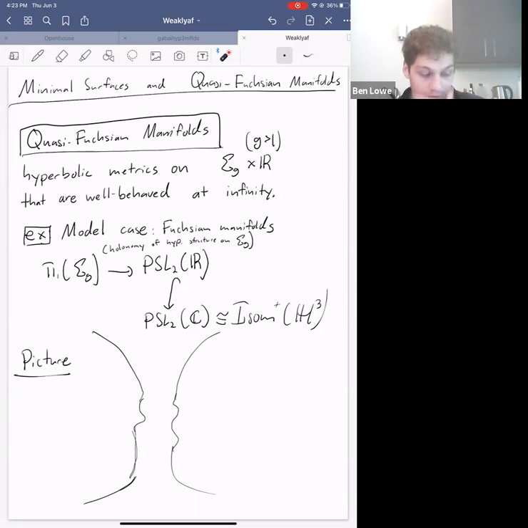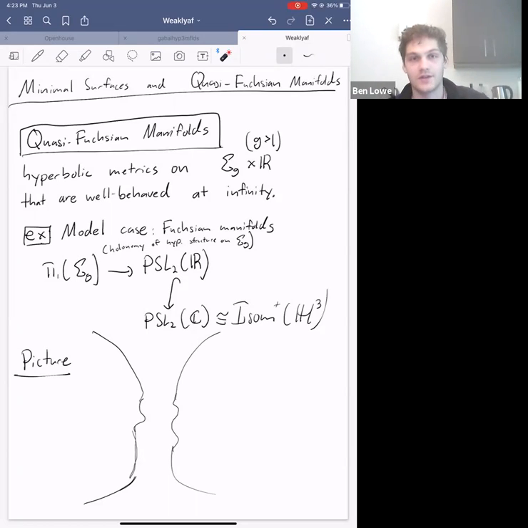One place where quasi-Fuchsian manifolds are really important is Thurston's hyperbolization theorem for closed three-manifolds that fiber over the circle. How that's proved is you have a three-manifold that fibers over the circle, and you pass to the Z cover that corresponds to unwinding it around the base S1.